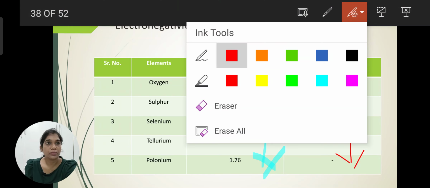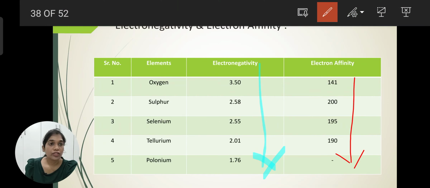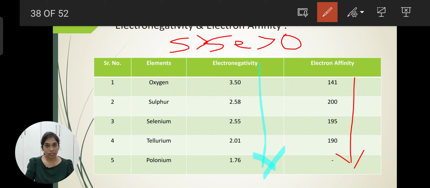In this periodic table, the order of electron affinity is: firstly it is highest for sulfur, then selenium, then oxygen, and oxygen is almost last. Why is this happening?